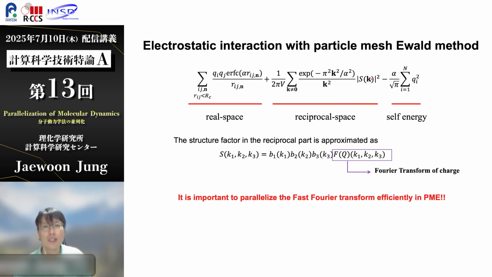And this term in fact is decomposed in this way. And here we need Fourier transformation of charge values. So in reciprocal space interaction, the most important thing is how to parallelize fast Fourier transformation.